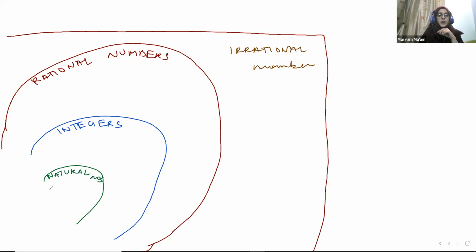Okay, so within integers, we have something called the natural numbers. Natural numbers, right? Now we're going to take a look at some numbers, and you guys will have to classify which collection or which set all of these numbers lie in.